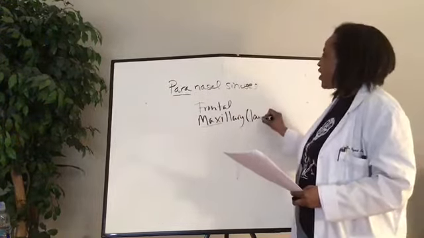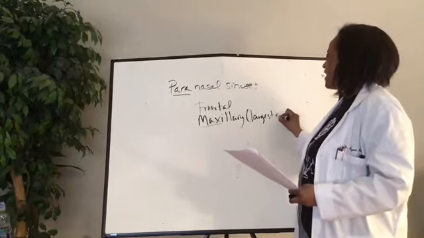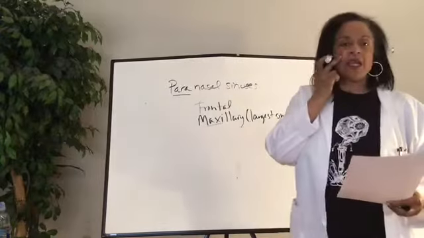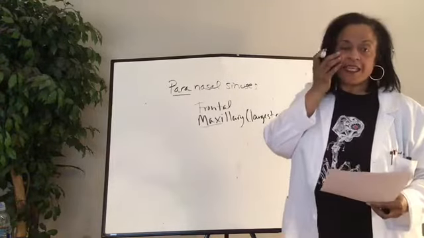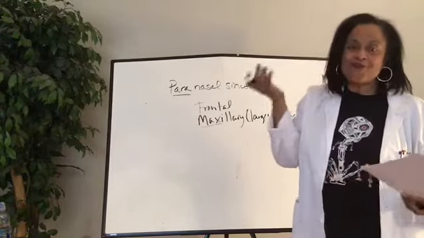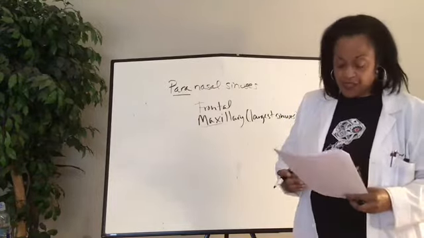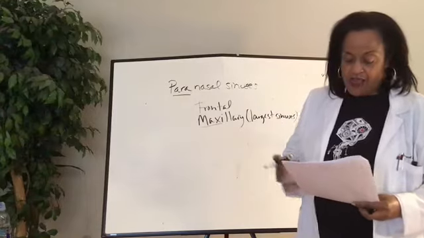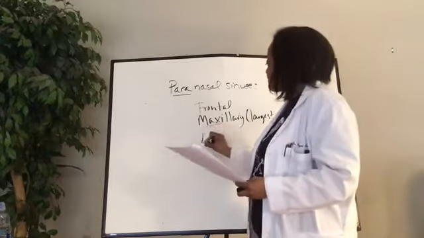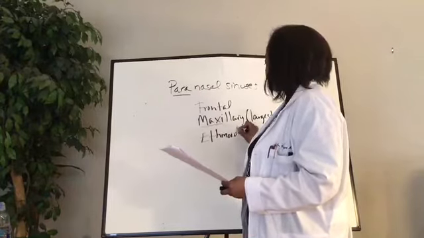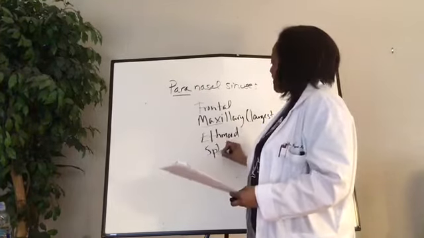Yes. So these are the largest sinuses that we have. And they're located here on each cheek, where the maxillary bone is. You have the ethmoid. And then we have the sphenoid.